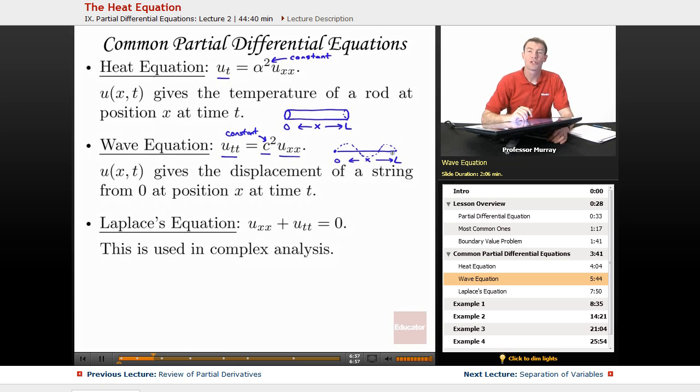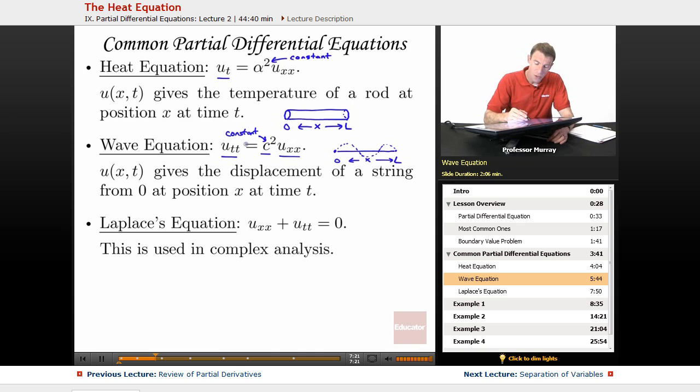So the string has a particular position, a particular amount of displacement, at any given time. This displacement depends on where you are on the string and on what time it is. And u of x,t describes the displacement of the string from 0 at time t.